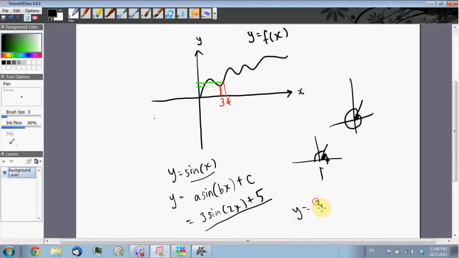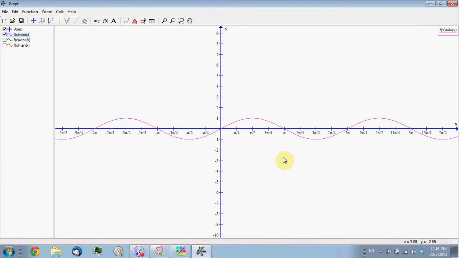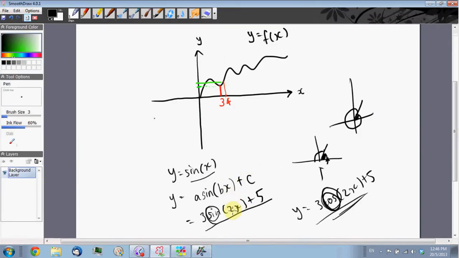For example, y equals 3 cosine 2x plus 5. Whatever this function is, cosine, sine, or tangent, we can apply the same concept and get the graph. The purpose of this part of the tutorial is to help you visualize and understand how the graph will change as we change the values of a, b, and c.